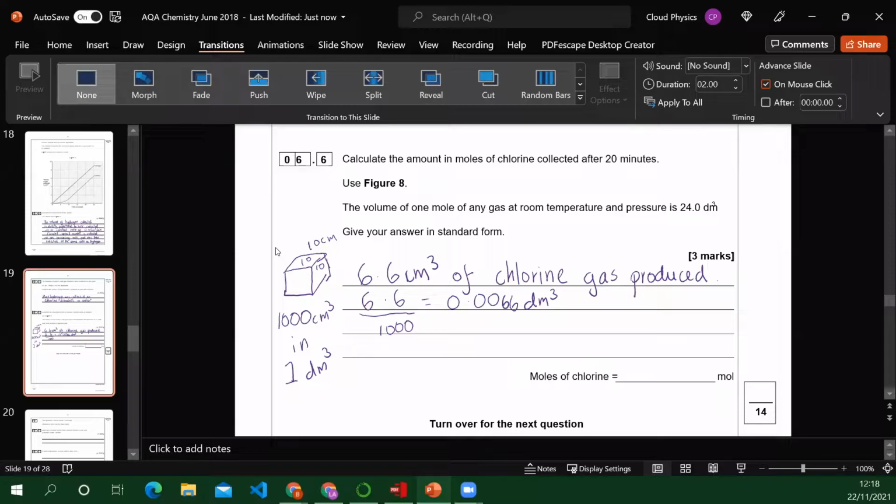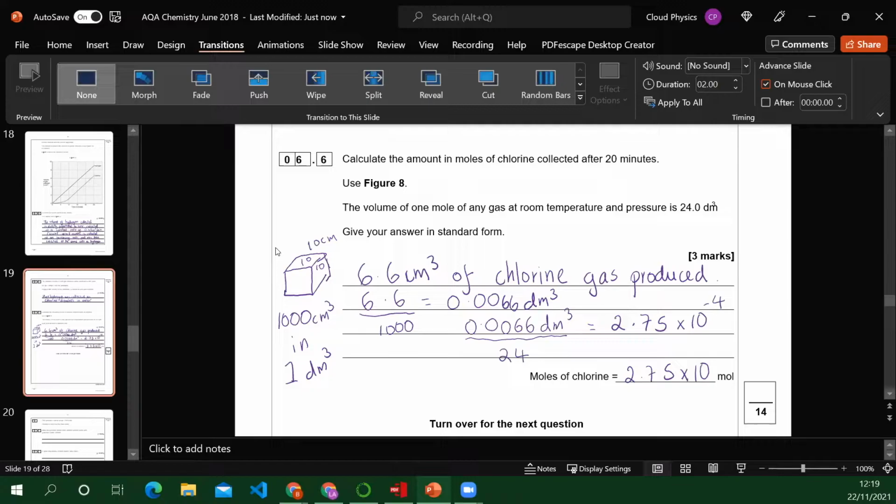So we just need to do 0.0066 dm cubed divided by 24. That's going to give us a small number, 2.75 times 10 to the minus 4, and it's moles, which they've given us, so we only need to write that number in.